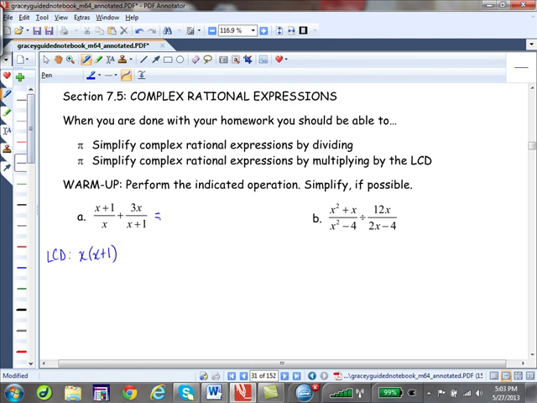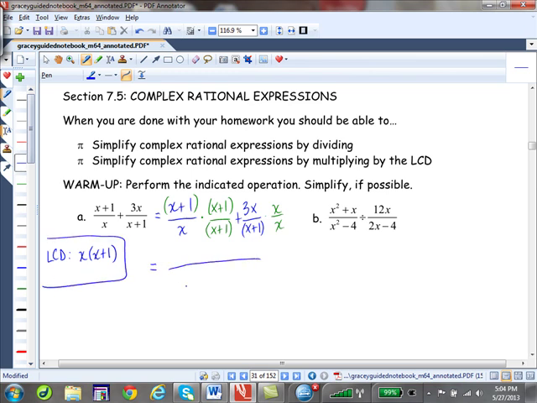So here we'll have x plus 1 over x, and that needs to be multiplied by x plus 1 over x plus 1, and then we'll be adding to that 3x over x plus 1, and what's missing from this one is simply x over x. Good so far?